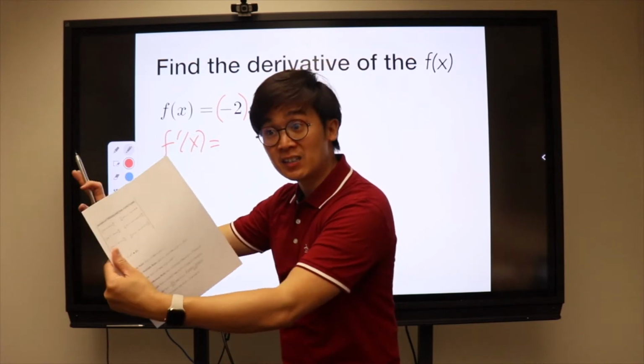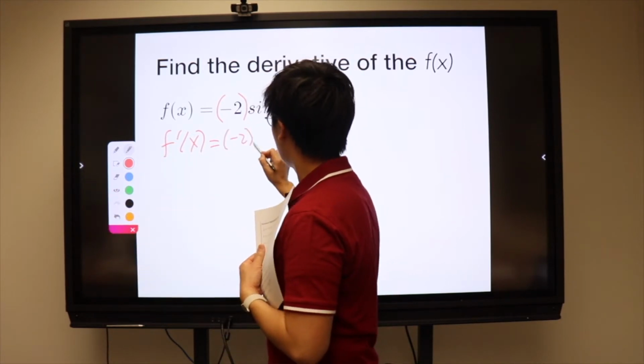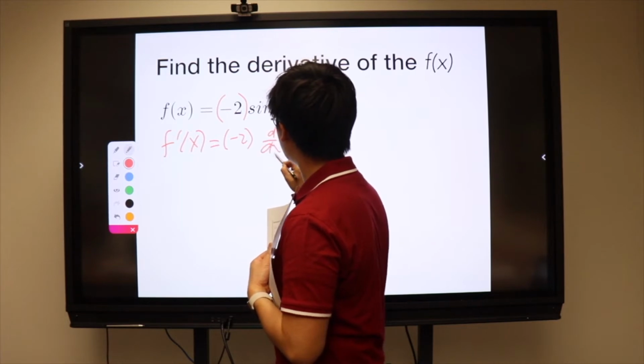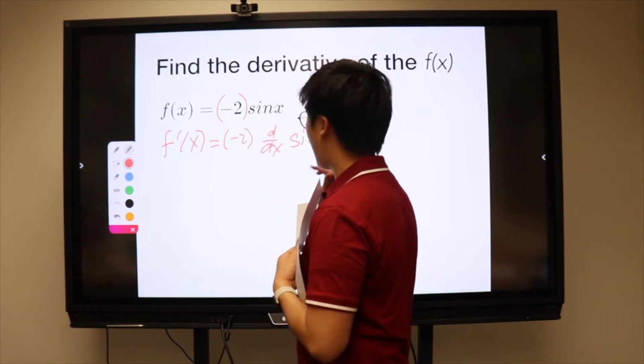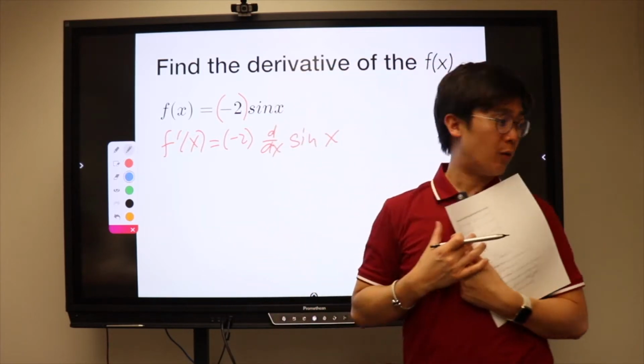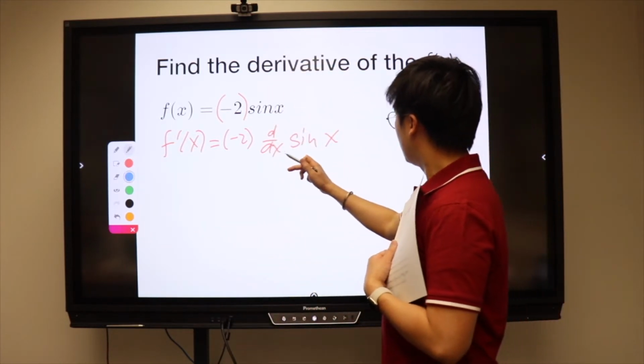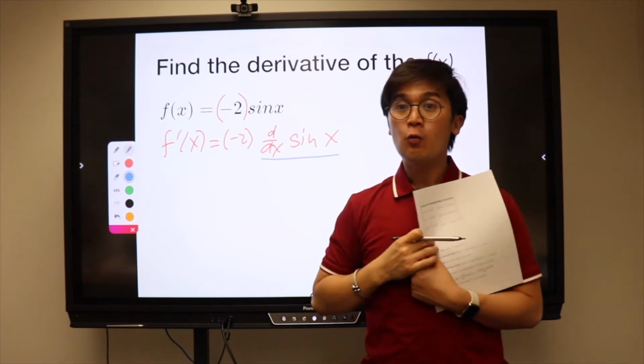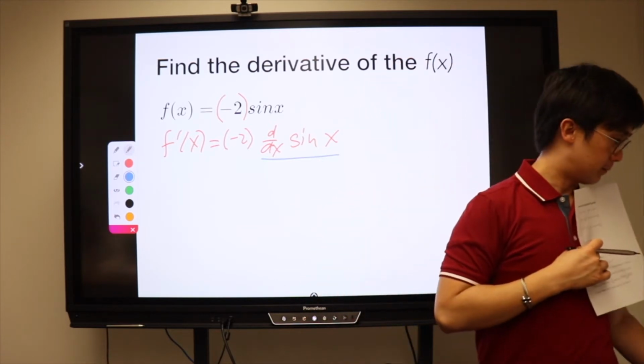So we can set it aside and focus on the d dx of sine x. All right, now let's focus our attention on d dx of sine x. What is the derivative of sine x?